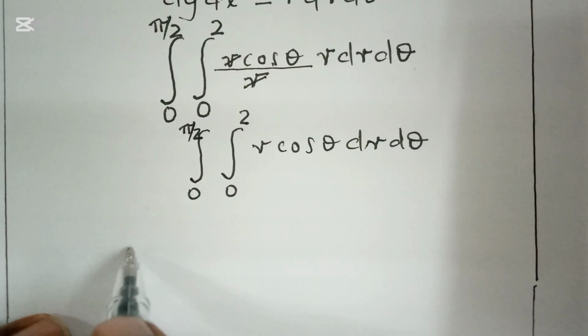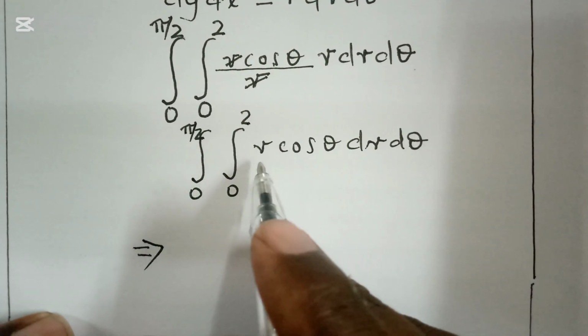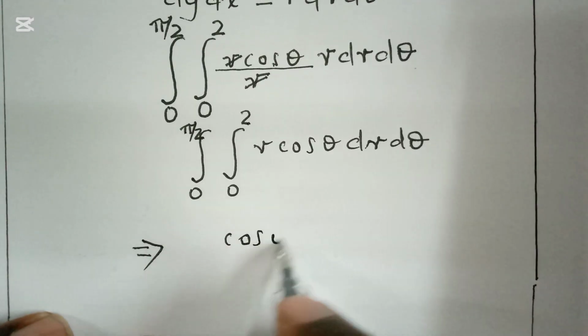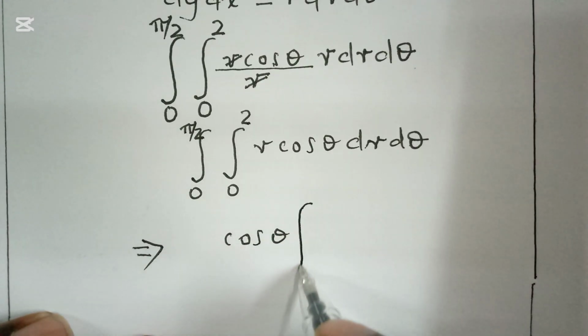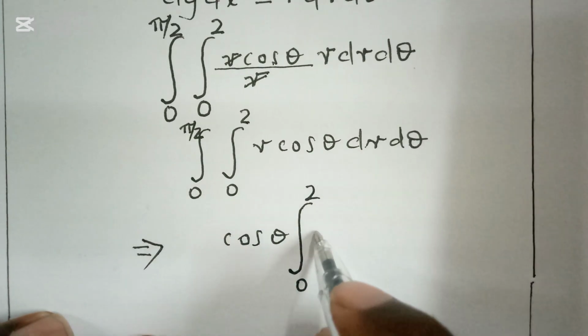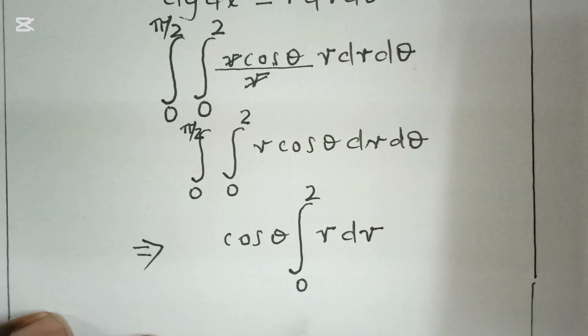So we do that. We integrate with respect to r, we shall have cos theta, integral from 0 to 2, r dr. First, we integrate with respect to r.